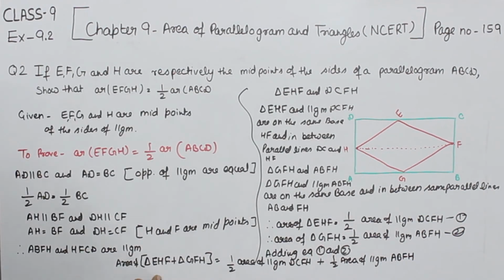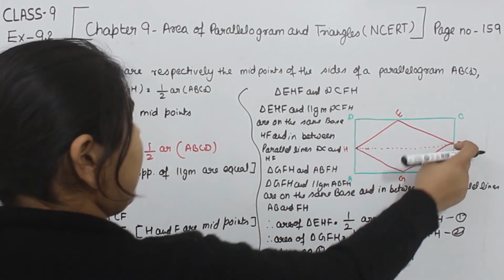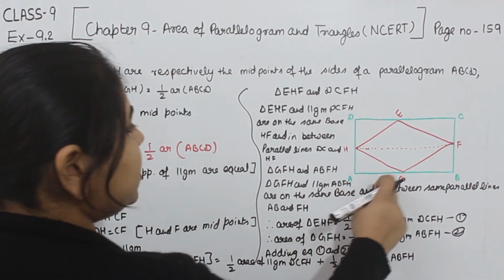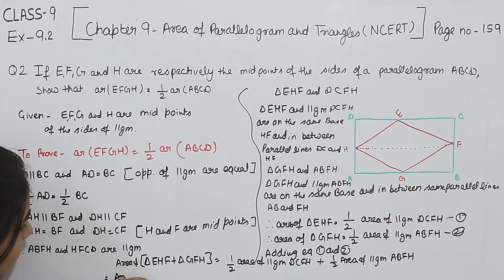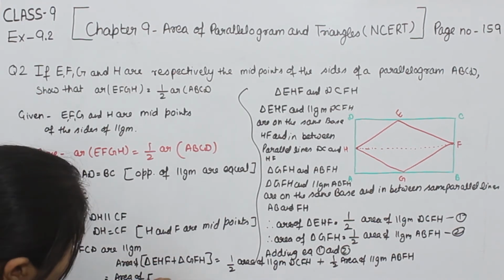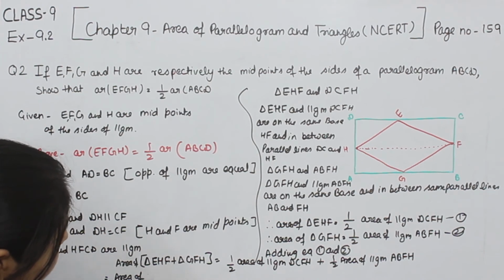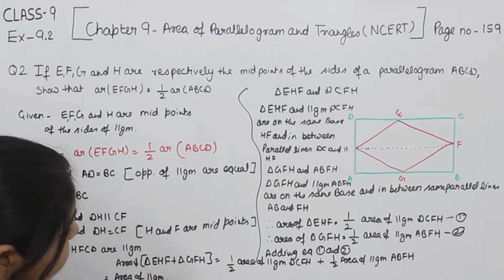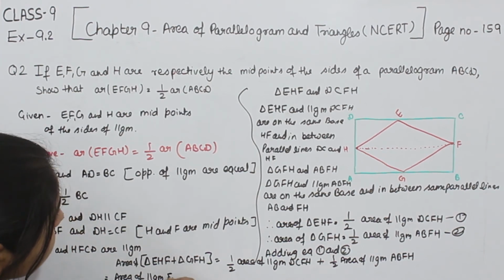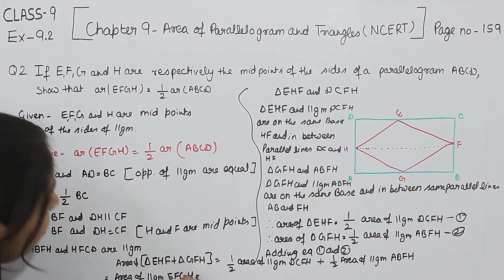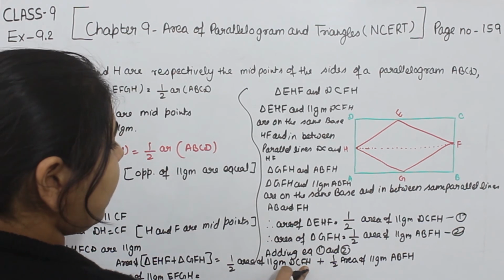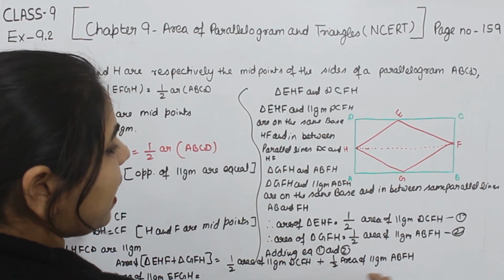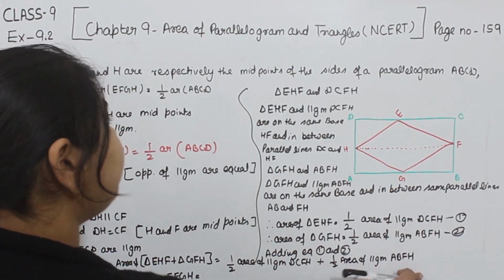Now the triangle EHF plus the triangle GFH will become the area of parallelogram EFGH. Now half of area of DCFH and half of area of ABFH.